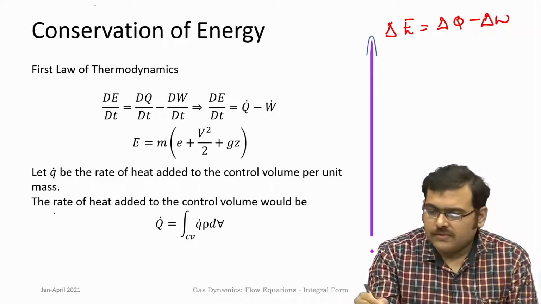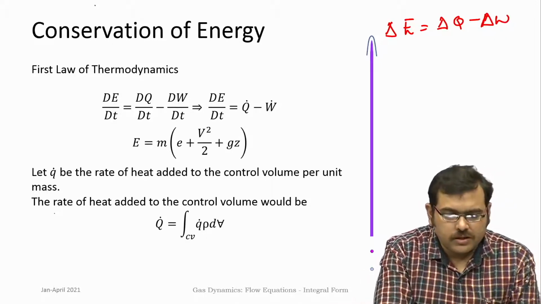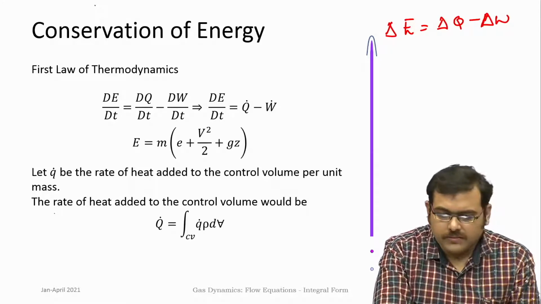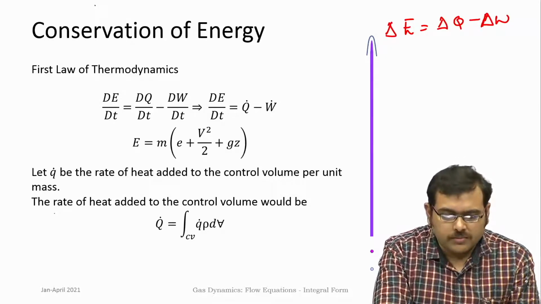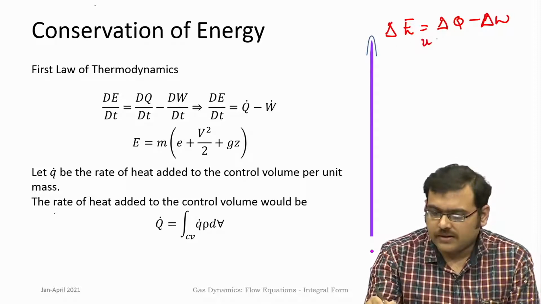If this is taken as negative, that means it is work done by the system. So, minus del W. Now, in the previous discussions of thermodynamics, we considered the internal energy to be a variable u, the specific internal energy.